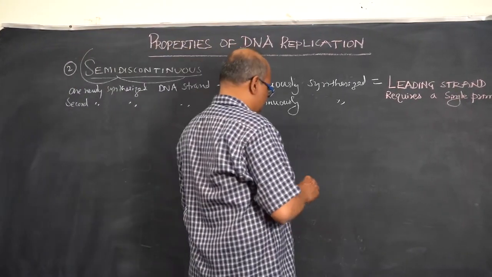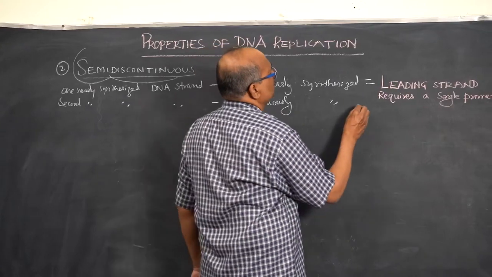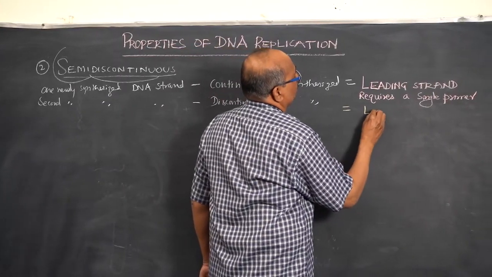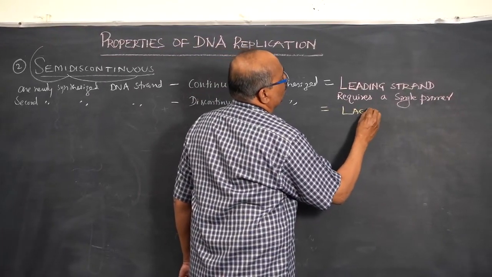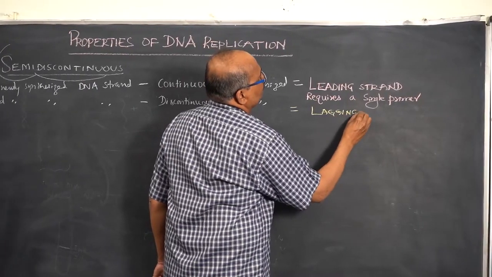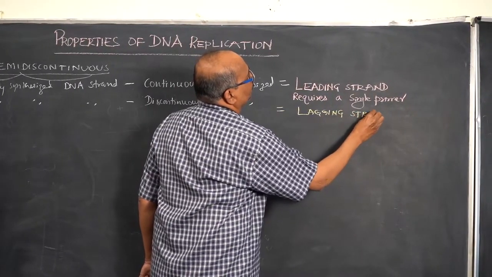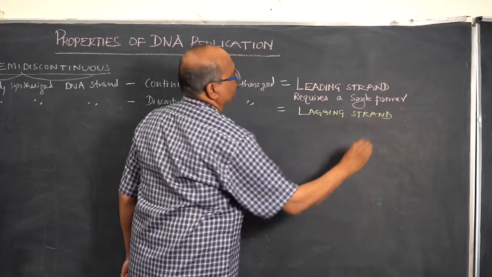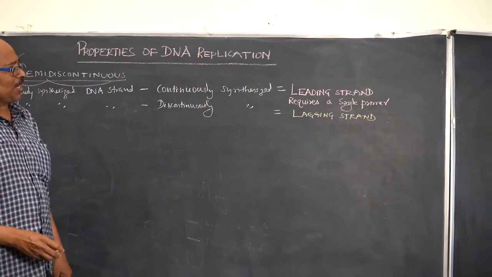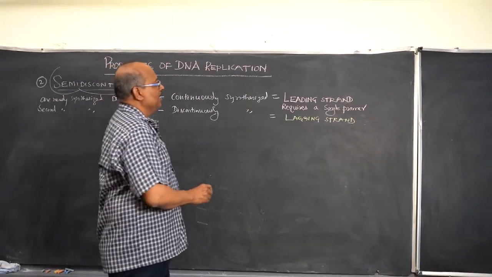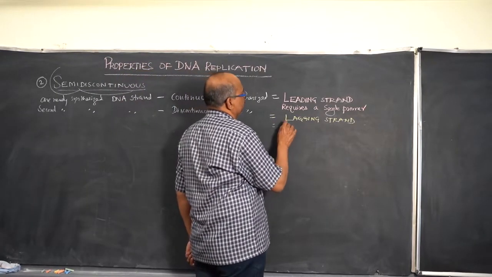The one which is discontinuously synthesized is called lagging strand. The lagging strand will be synthesized in bits and pieces.